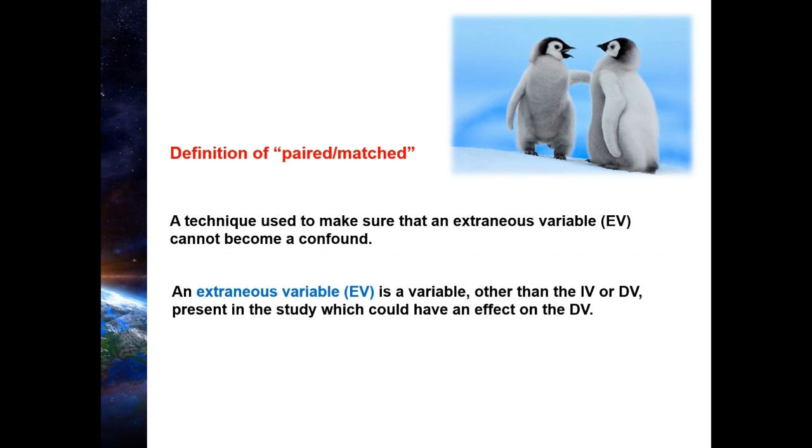When we do an experiment, we're trying to isolate the effect that the IV has on the DV. In other words, if the DV is different for the different levels of the independent variable, we want to make sure that there's nothing else about your different levels that could be producing a change in the DV. We want to isolate the effect to the independent variable.